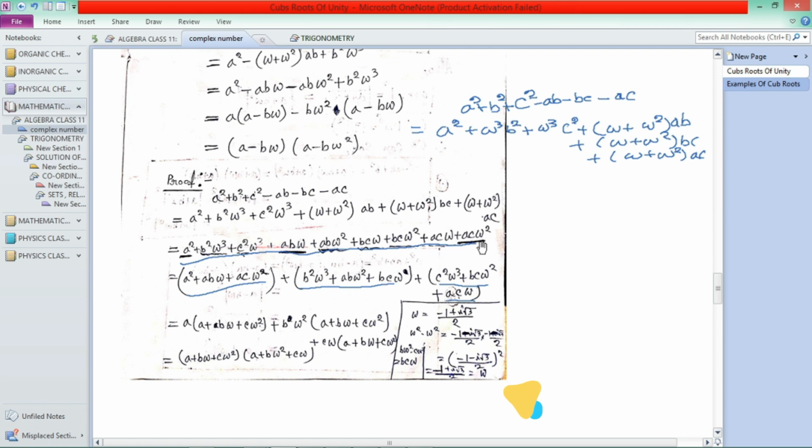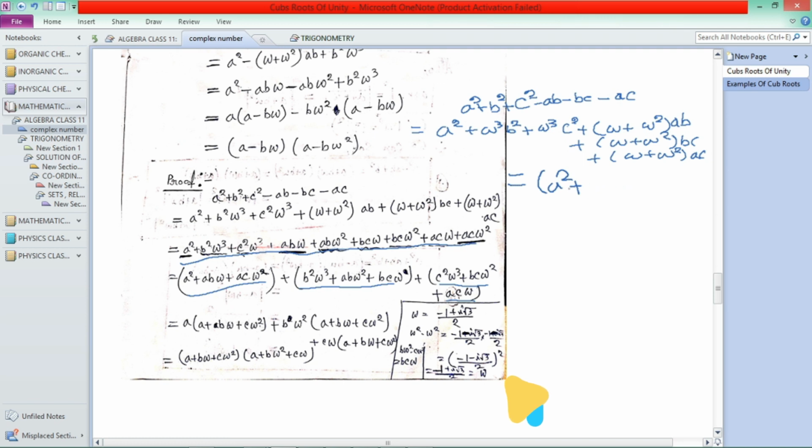In these three terms, you can separate in this way: first a square, and after this a multiple of omega, and after this a multiple of omega square.